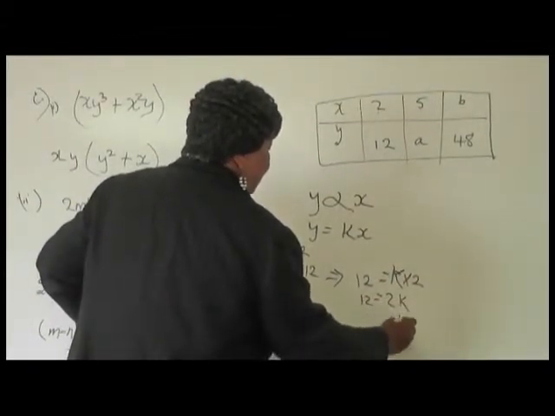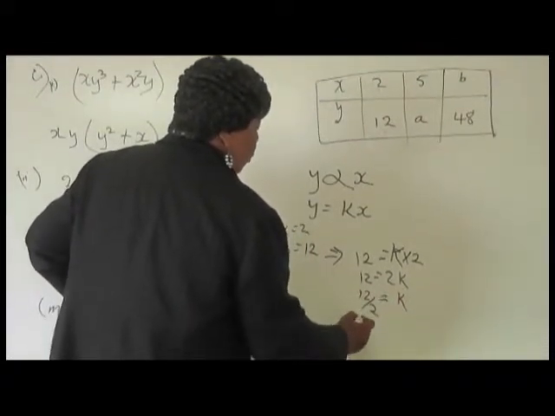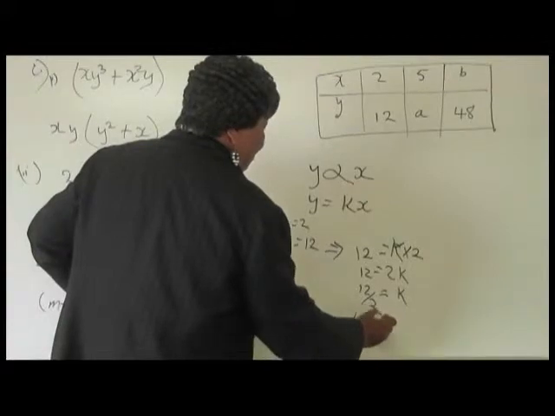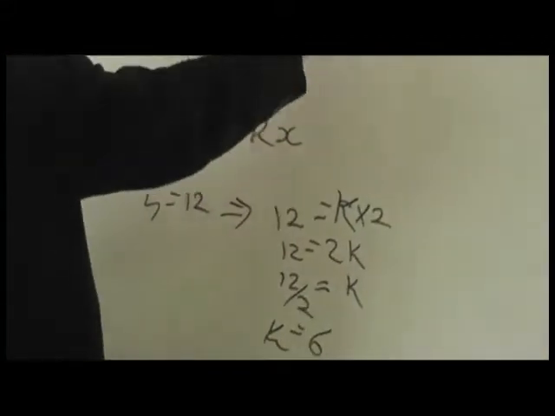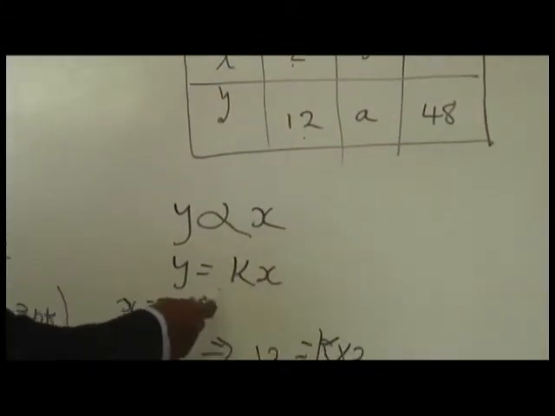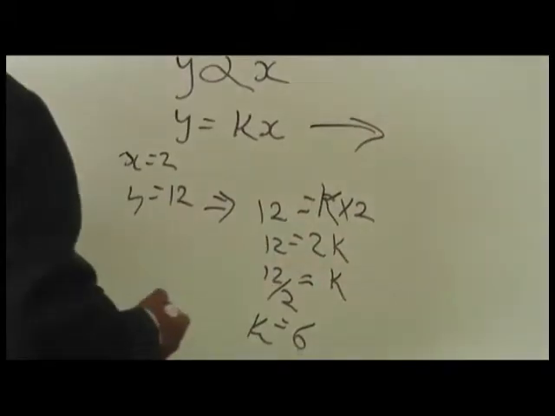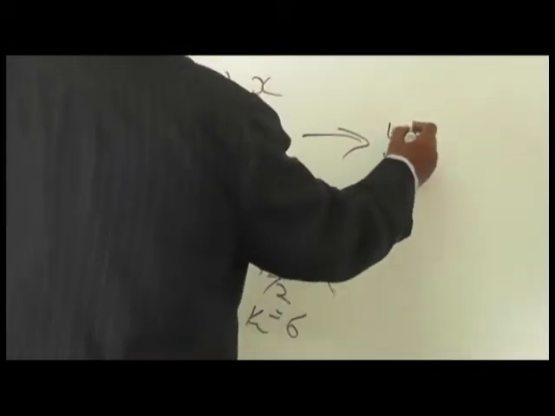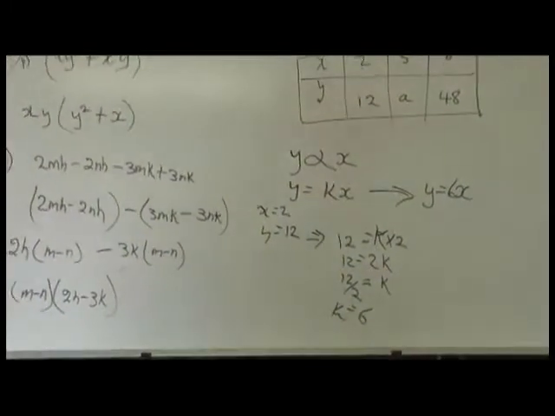And k would be equal to 12 divided by 2, so k is equal to 6. So we know right away the equation we're dealing with is y is equal to 6x. That is why we found the value for k.